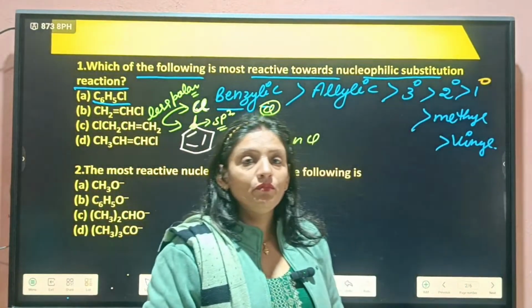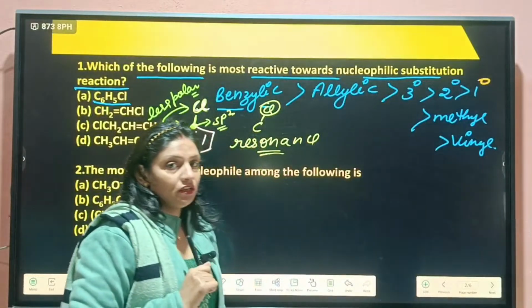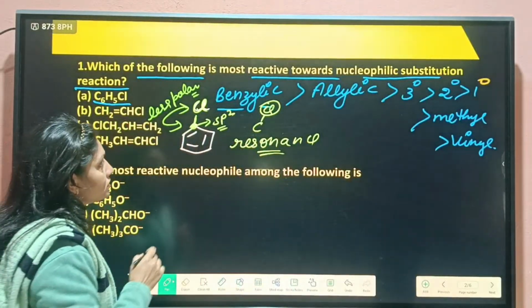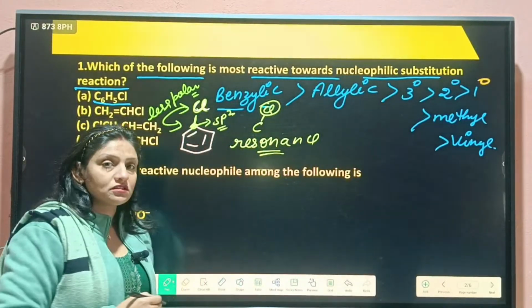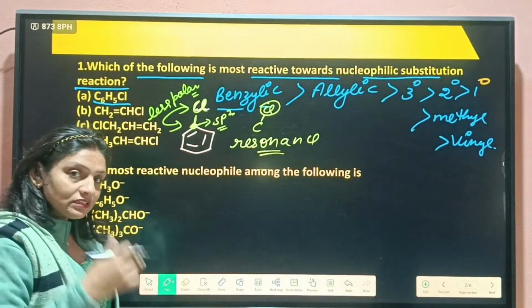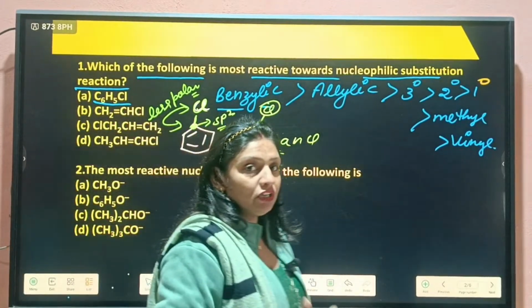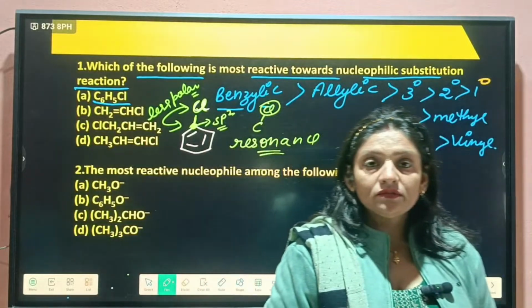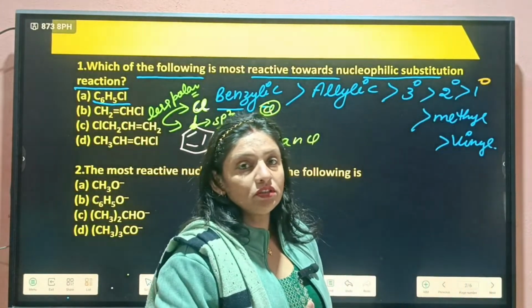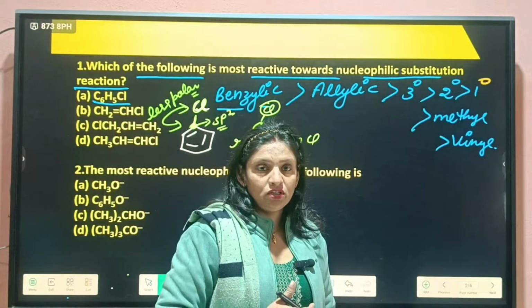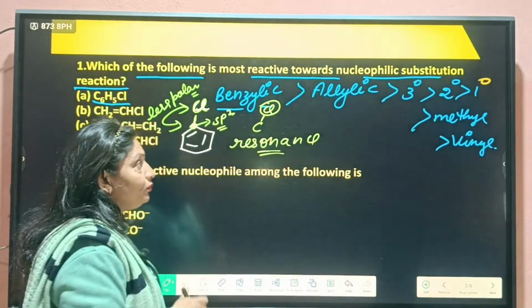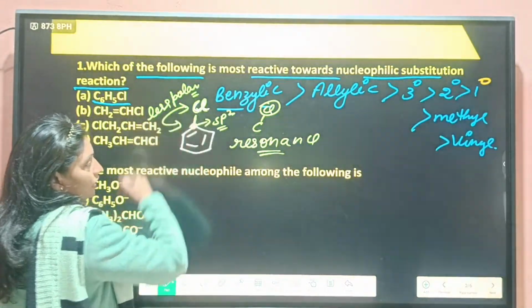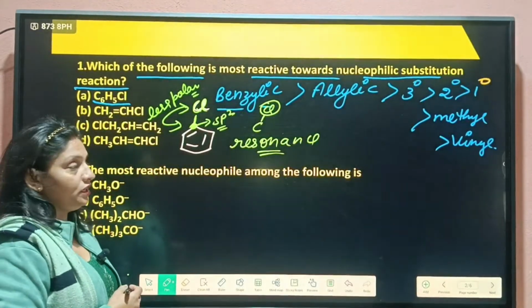Why is it so? Because this carbon at which halogen is attached is an sp2 hybridized carbon, and here the S character is more. Due to more S character, it is more electronegative. So it is not easy to remove this chlorine from here.